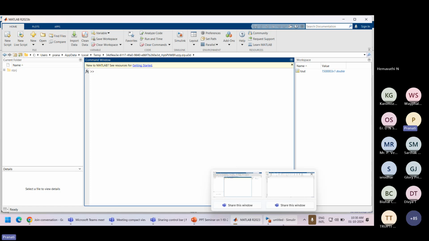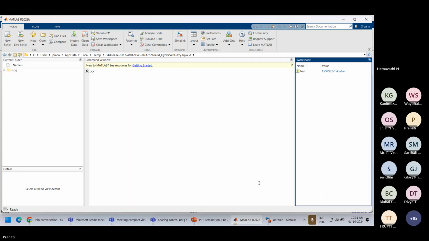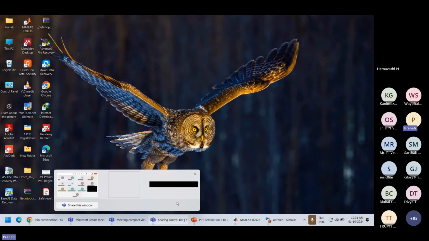Sometimes the same sample time also works, as you can see here with the same powergui sample time. But in different research papers, sometimes they have taken different times also.